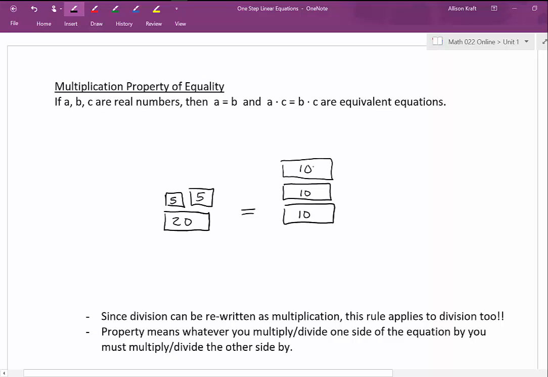If I double the amount of money on the left side, my stacks of money are no longer equal. To keep their values equal, I have to do that same thing. I need to double my stacks of money on the right-hand side.